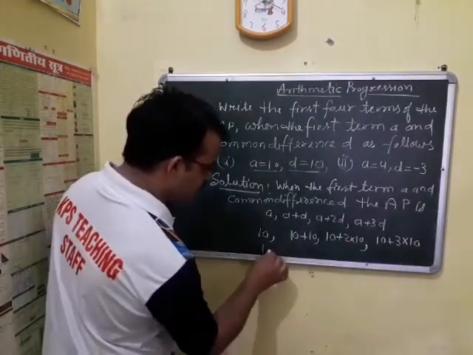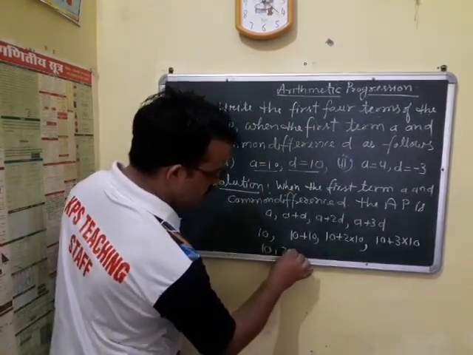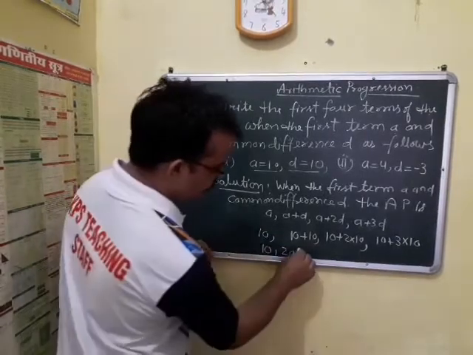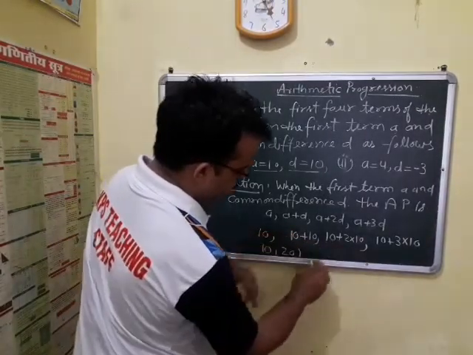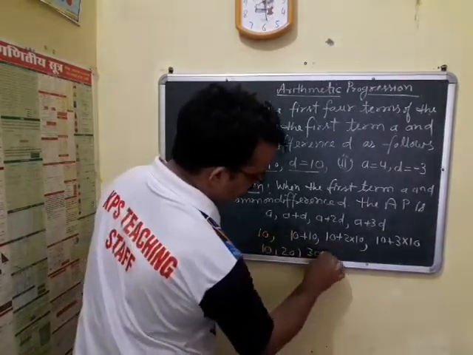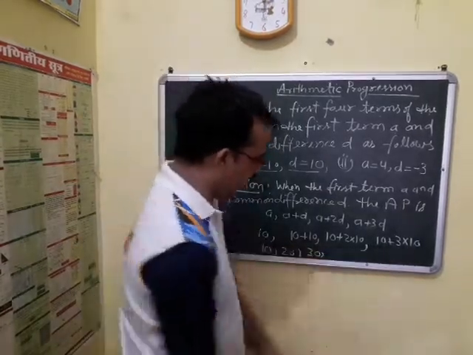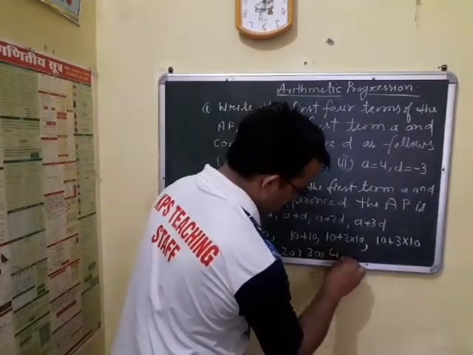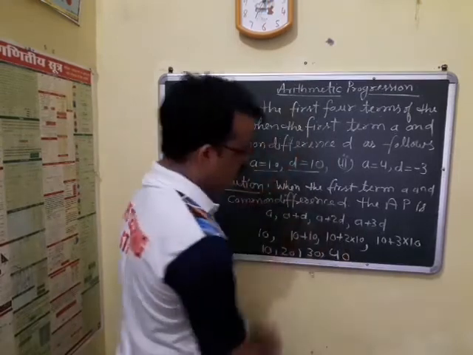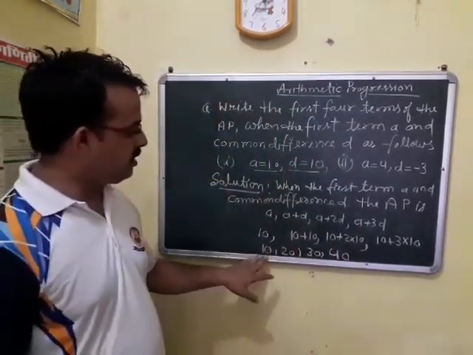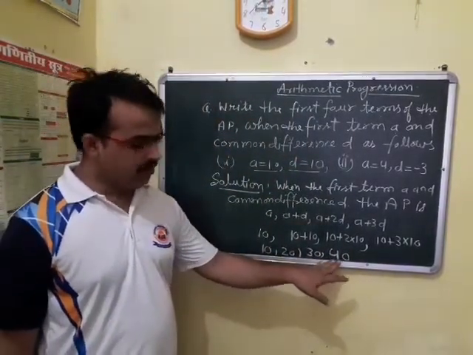This one is 10, 10 plus 10 is 20, 10 plus 20 is 30, and 10 plus 30 is 40. This one you will answer: 10, 20, 30 and 40.